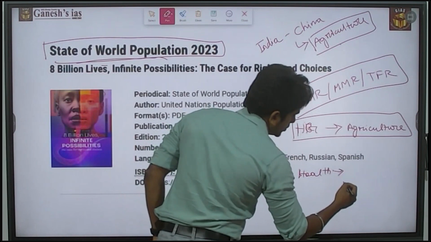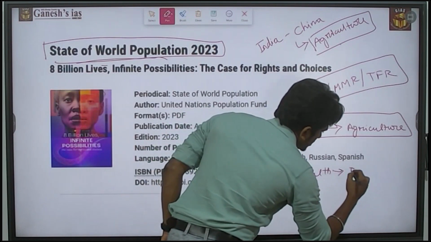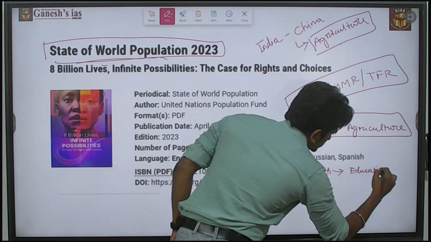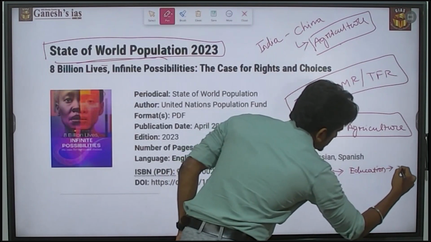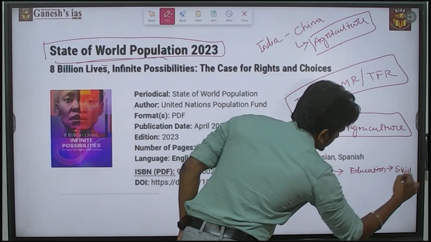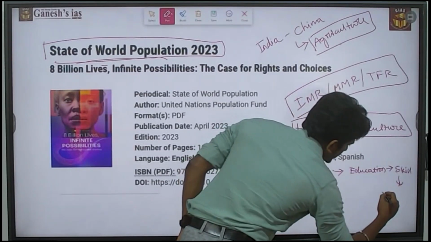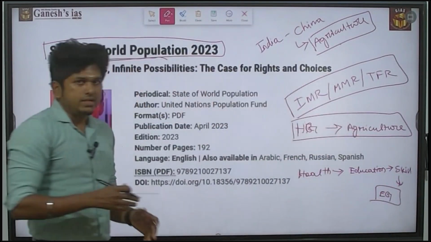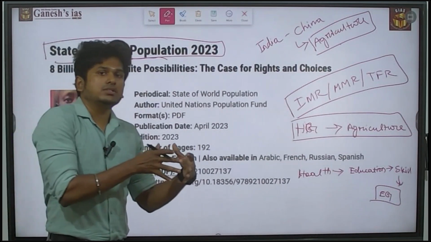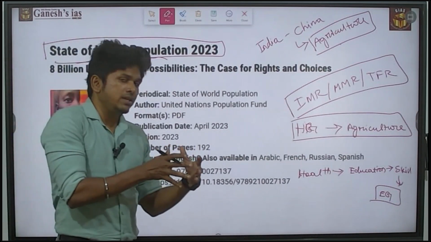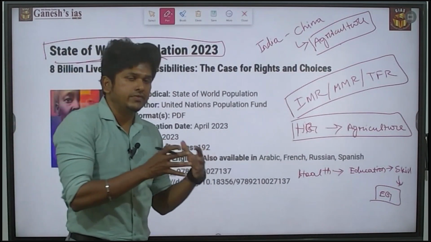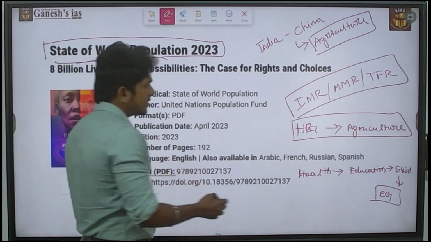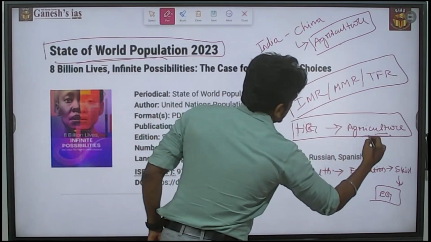Based on health there is education, based on education there is skill development, and based on skill there is economic growth. Just because of being the world's largest population, or having a huge demographic dividend, we can't achieve economic growth by that alone. It is directly related to agriculture.